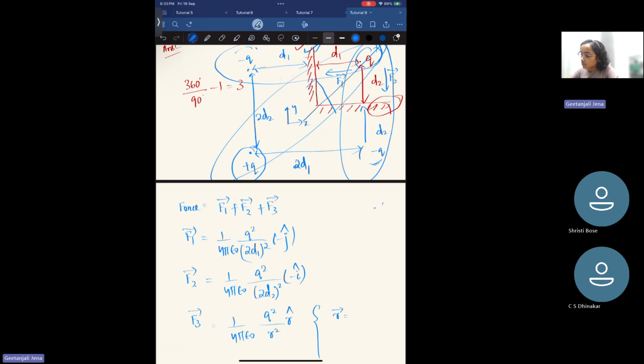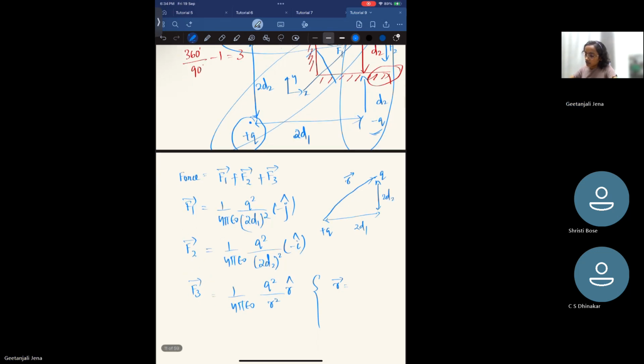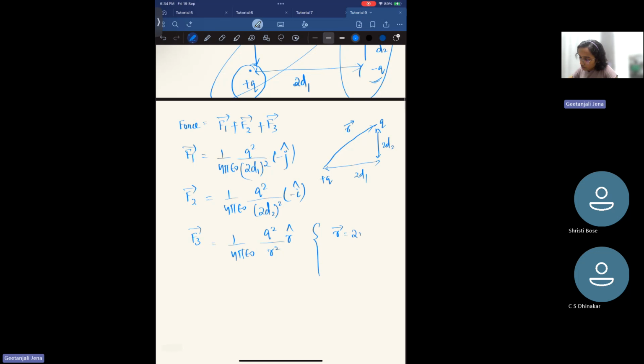I hope you are not confused by the diagram. So this is the r vector, right? So this is at a distance 2d1 and this is 2d2. So 2d1 i cap plus 2d2 j cap.